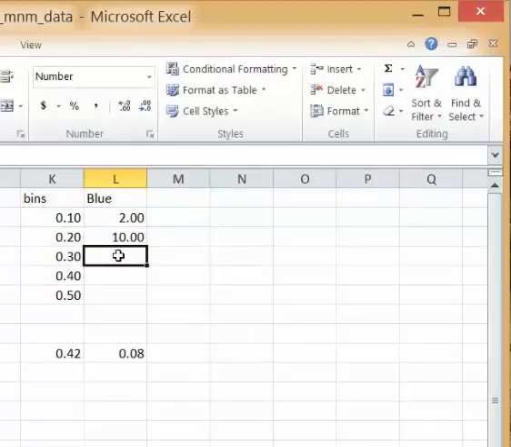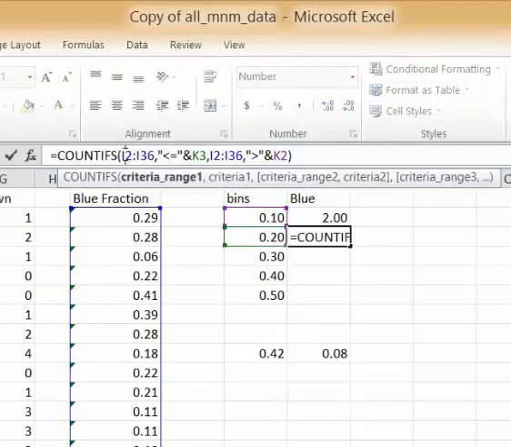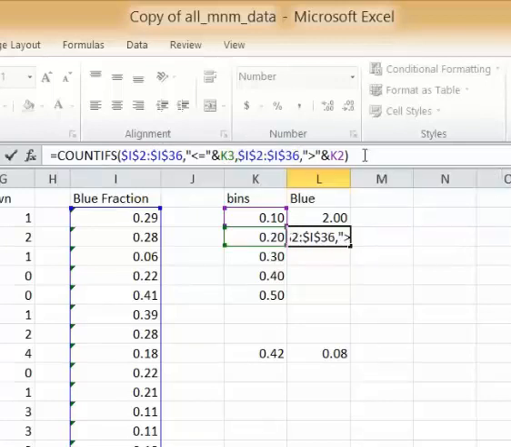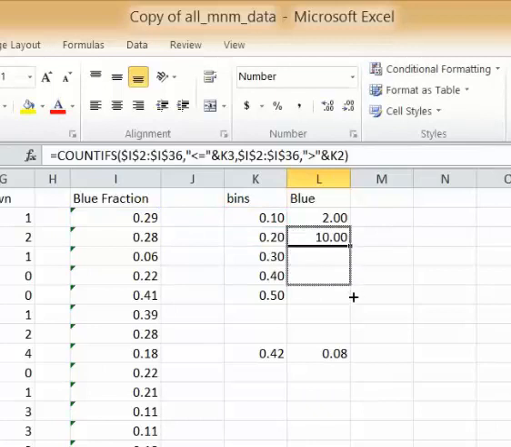We can do the same thing for the subsequent 4. If we make appropriate use of our dollar signs, like so, then we will be able to copy this version of the equation down in the remaining 3, and it should work.